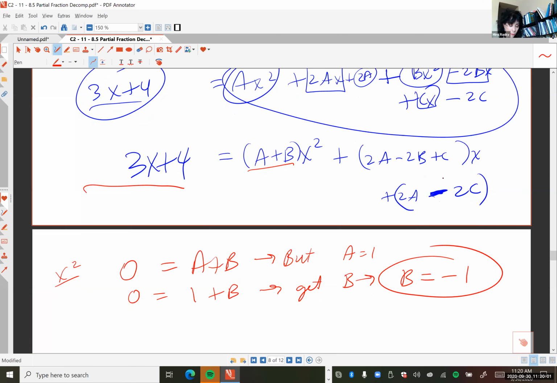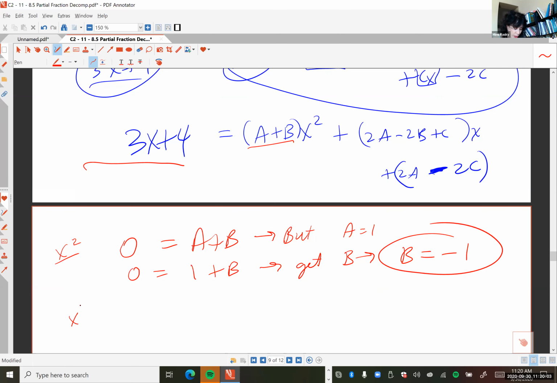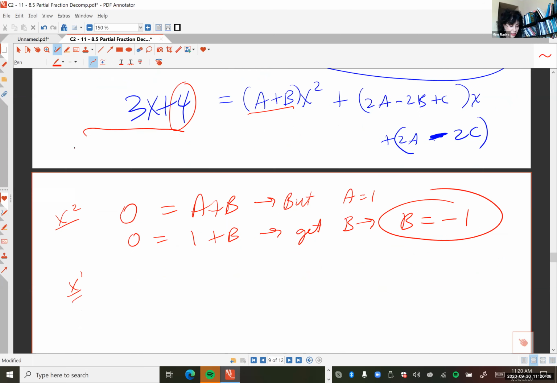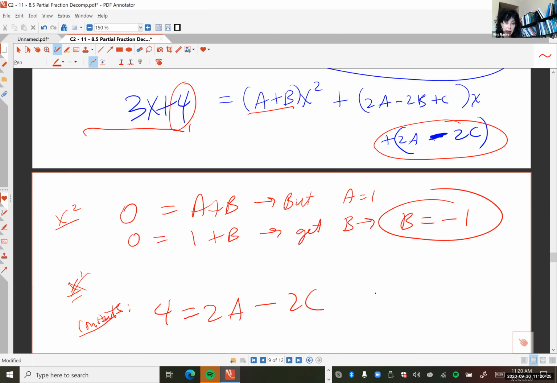Now what? Well, there's a couple things. You could either equate the x to the first power terms, or you could equate constants. I'm going to equate the constant term because that's going to be quick. You can do all, but let's look at the constant. The constant term on the left-hand polynomial is a 4. The constant term on the right-hand side polynomial is 2a minus 2c.